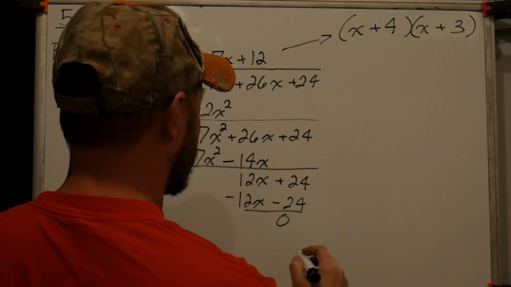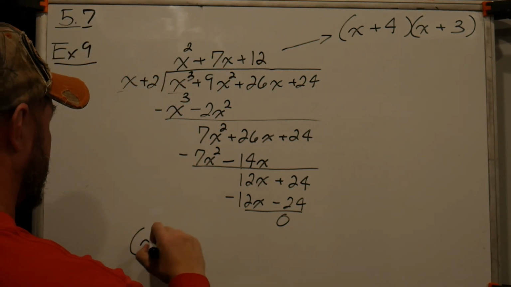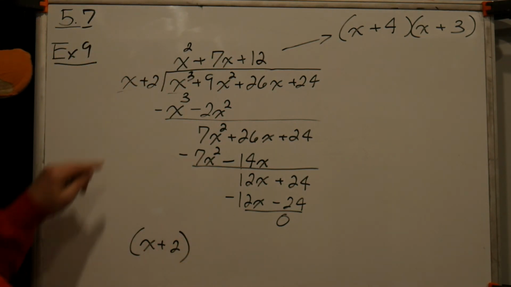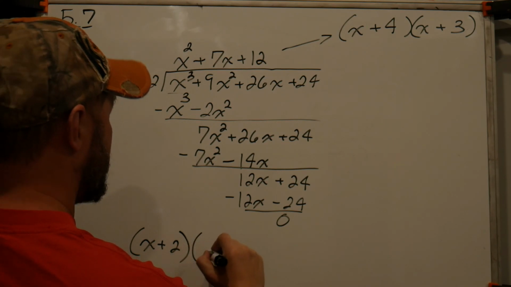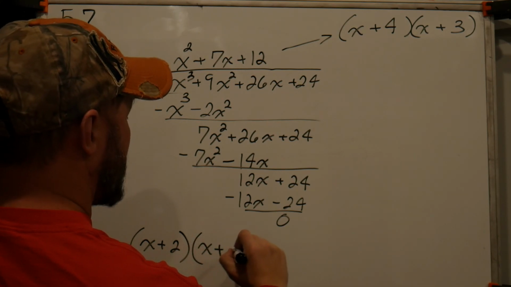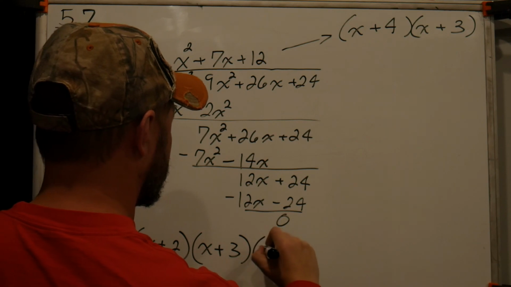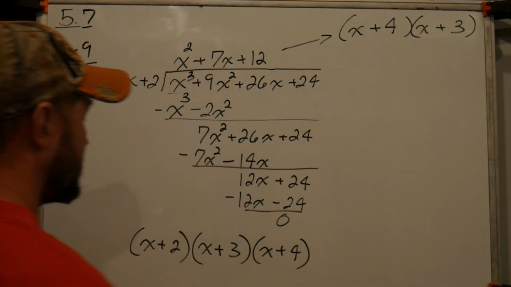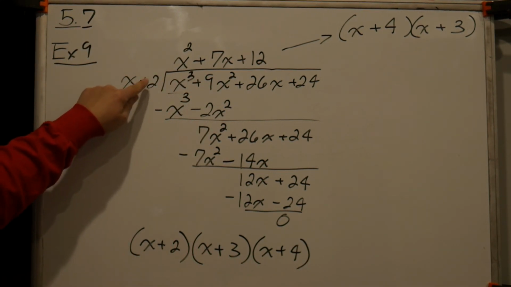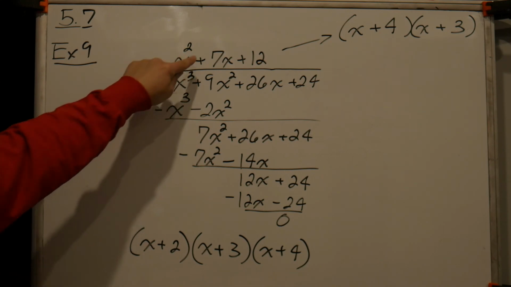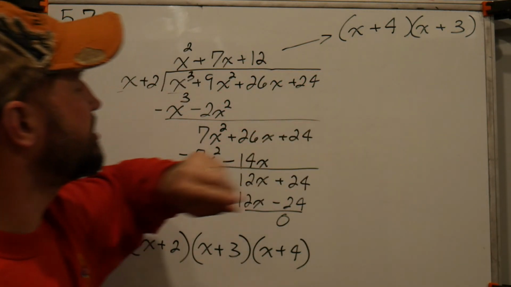So how we would write the actual answer is we take first our x plus 2, then we multiply, I'm going to just go in order because I want to. We say, well, it's x plus 2 times this piece. Well, this piece is x plus 4, x plus 3.